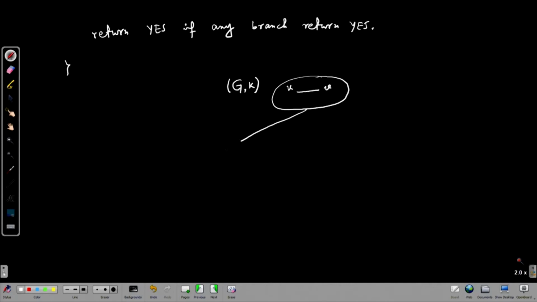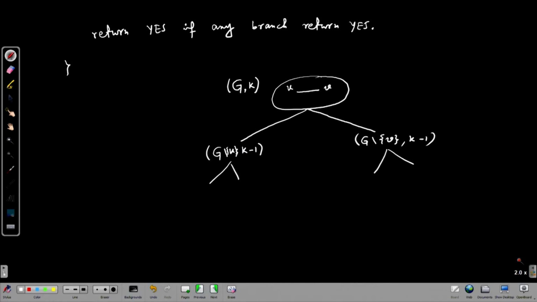So I go to G minus u, and in that graph, after deleting u, I am looking for a vertex cover of size k minus 1, and G minus v. In this graph, we are looking for a vertex cover of size k minus 1, and so on.